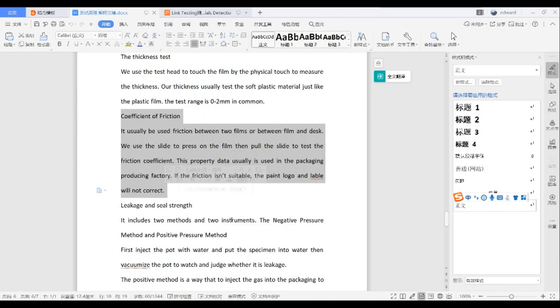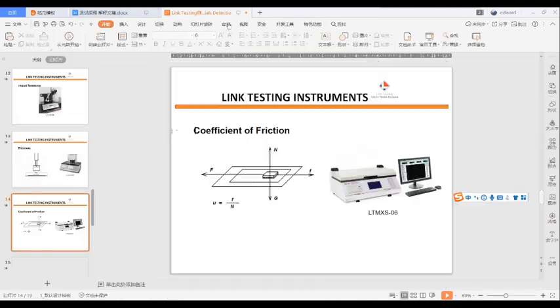Many customers of packaging factories, especially packaging producers and film and lamination producers, need this machine to confirm the friction, film by film or film by desk. But maybe for food factories, it's not very useful.